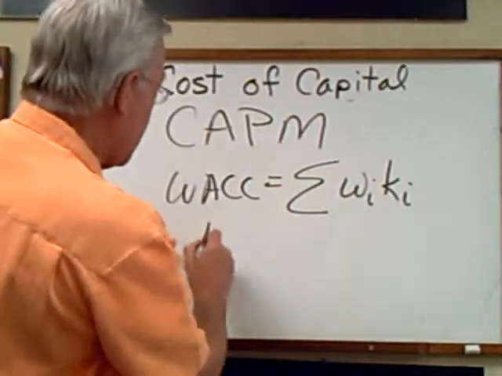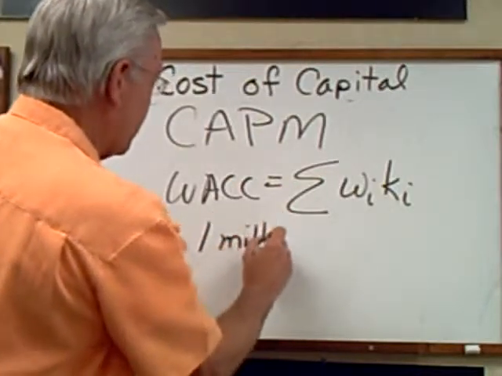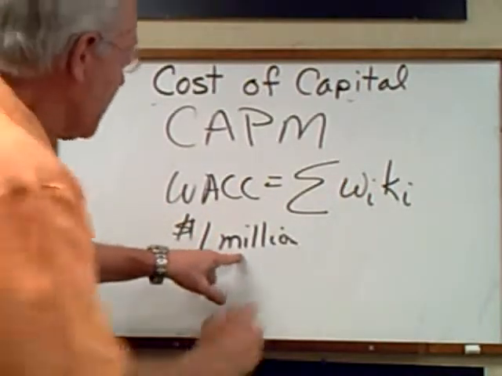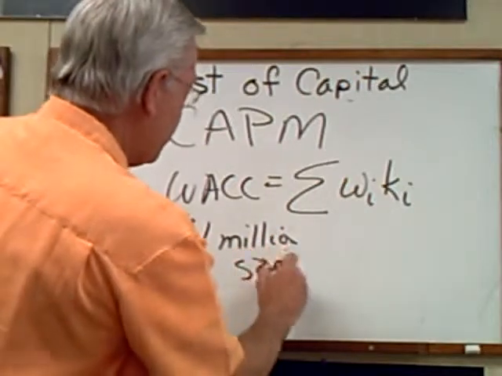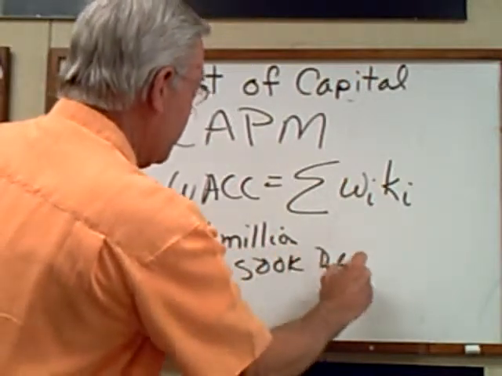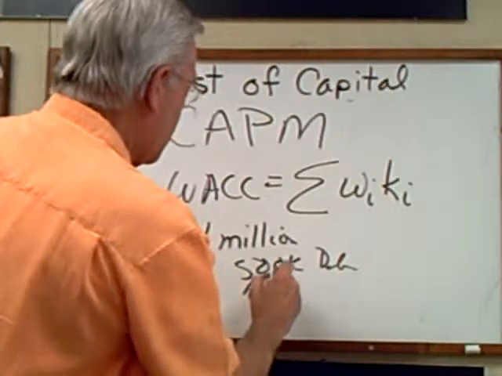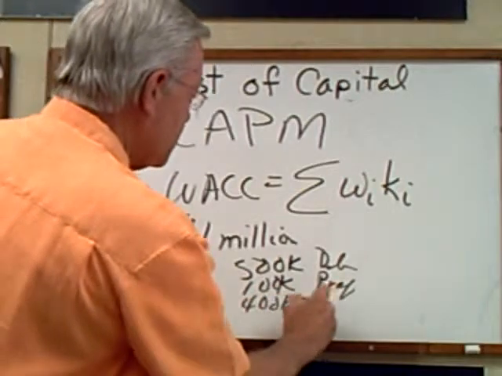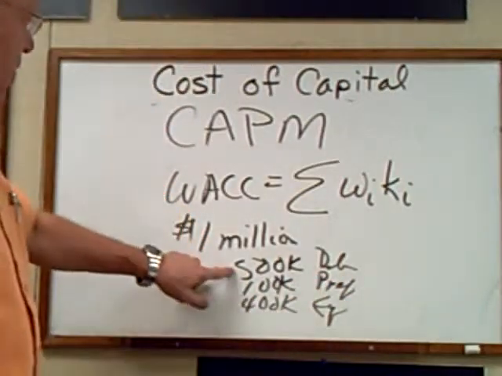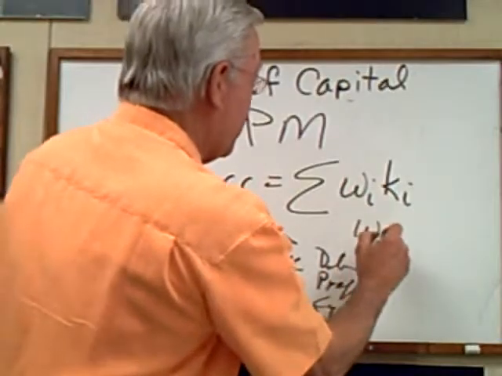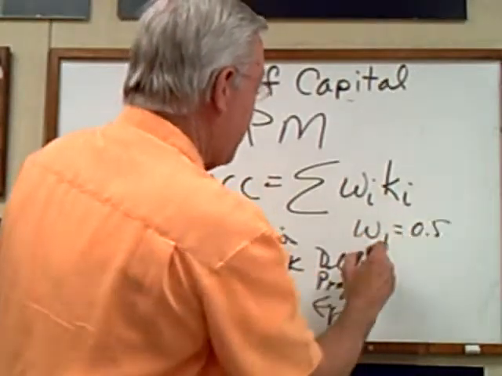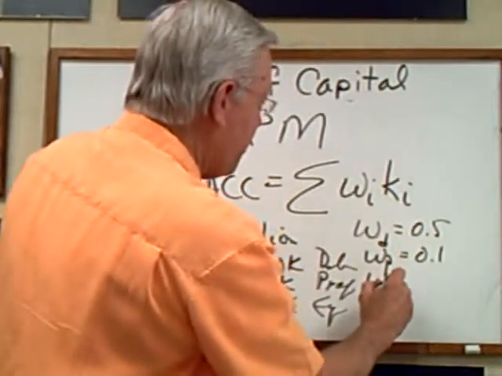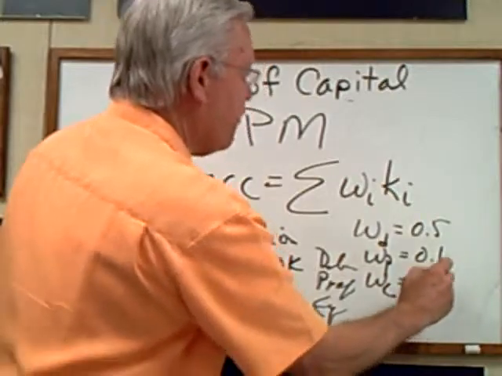For example, let's say a company has a $1 million capital structure, and of that $1 million, 500,000 is debt, 100,000 is preferred, and 400,000 is equity. Well, we would see that in their capital structure, W for debt would be 0.5, W for preferred would be 0.1, and W for common would be 0.4.